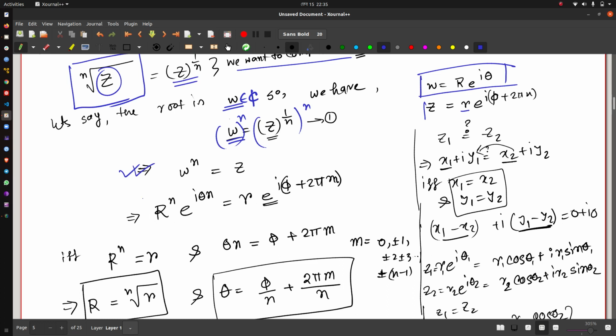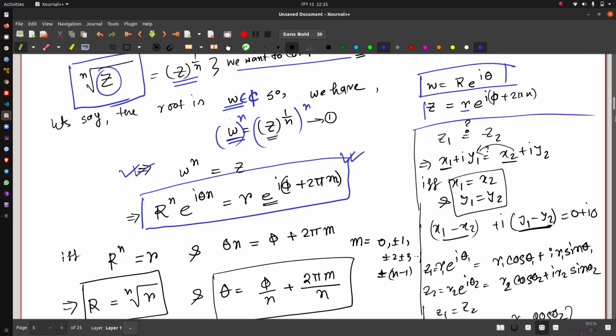Now you have an expression in terms of r and thetas and phis on both sides. Now how do we solve this? To solve this, we need some more ingredient that I didn't discuss earlier. That is, if you have two complex numbers z1 and z2, when are these two complex numbers equal?